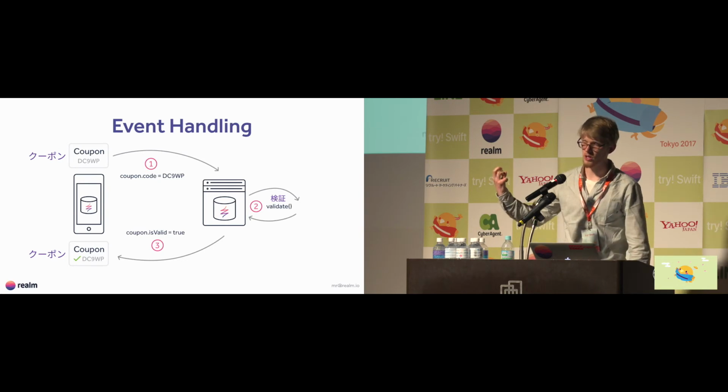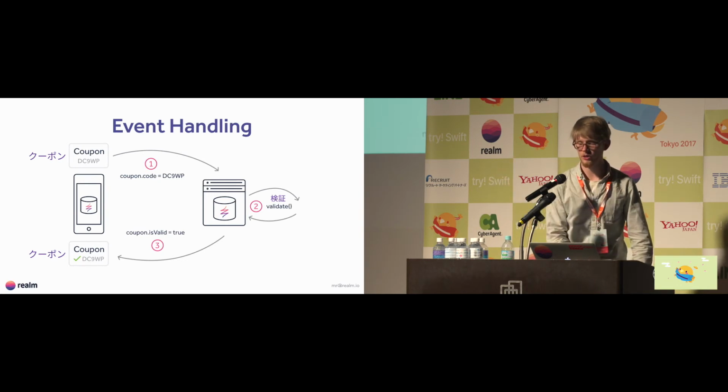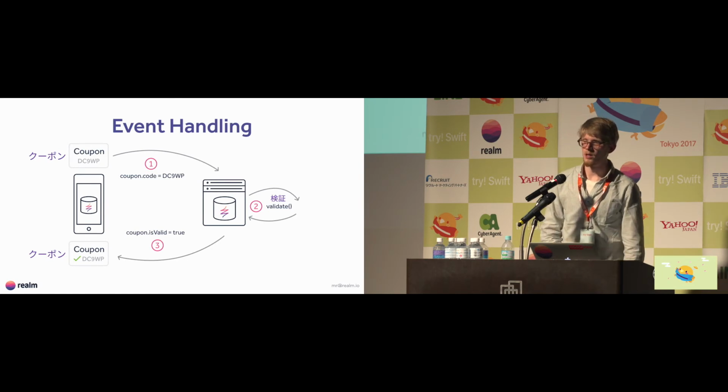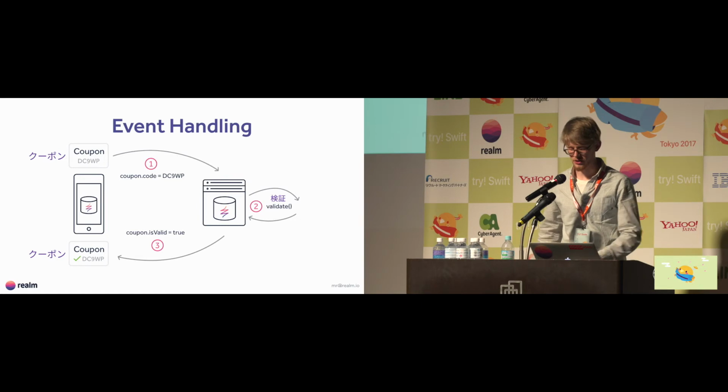The server-side write will be synced back to the client and made available there. And when you have set up, say, a listener on the individual property, on this isValid property, you can show in your UI that this object was validated now and the coupon is valid and the user can continue with his interaction with your app. So far, so nice.